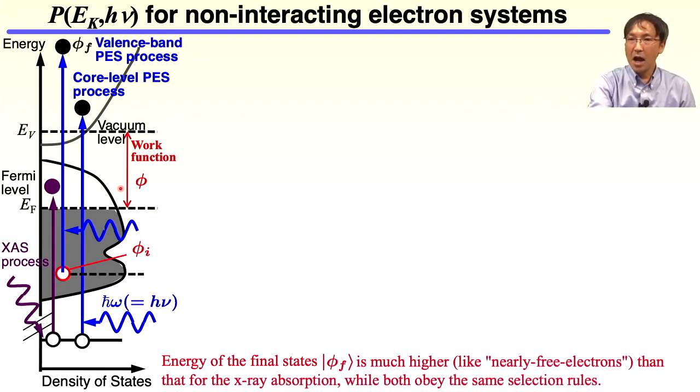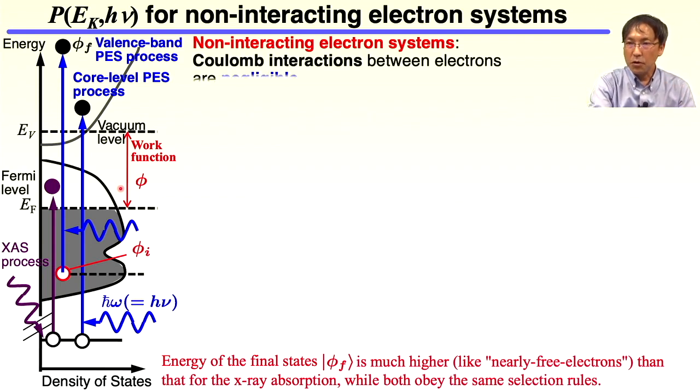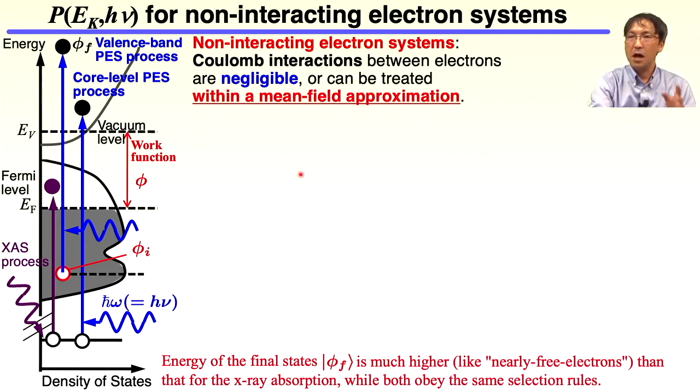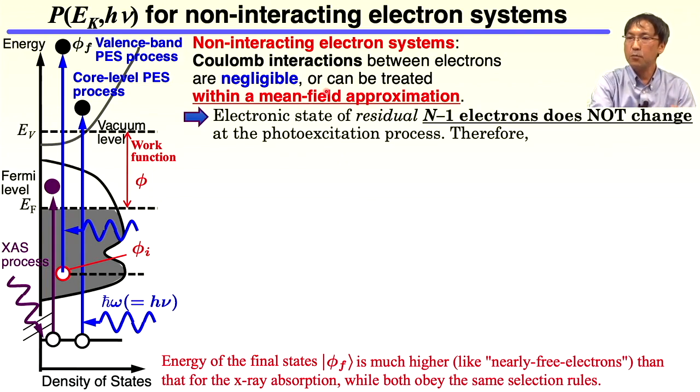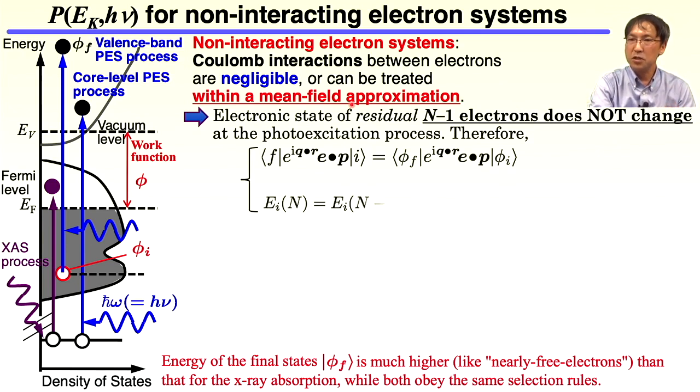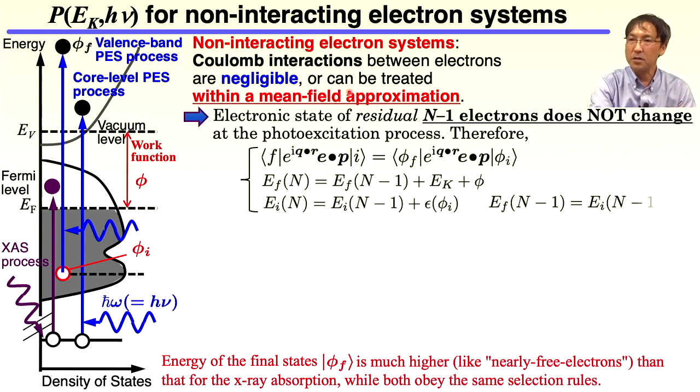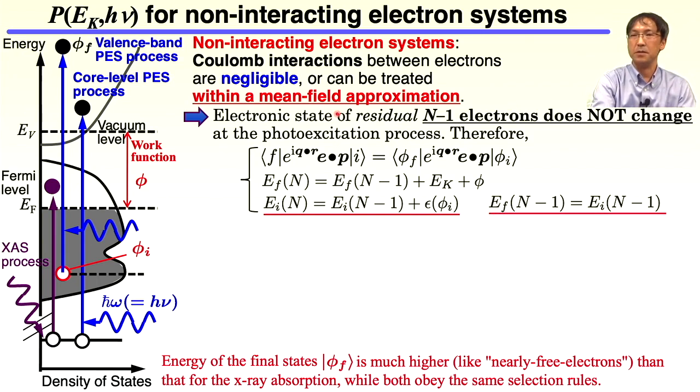Here, I defined a non-interacting electron system as a system in which the Coulomb interaction between electrons is negligible or can be treated within a mean field approximation. Then the electronic state of the residual n-1 electrons does not change before and after the photoexcitation process. Therefore, these formulas are satisfied for the photoemission process.